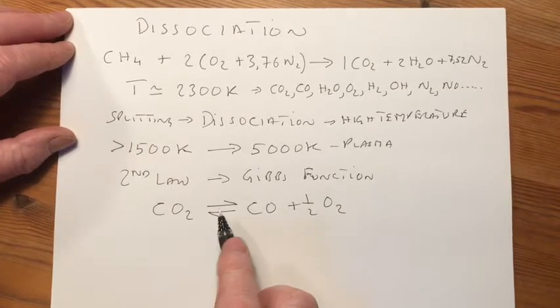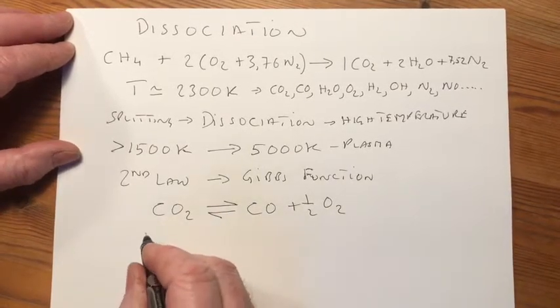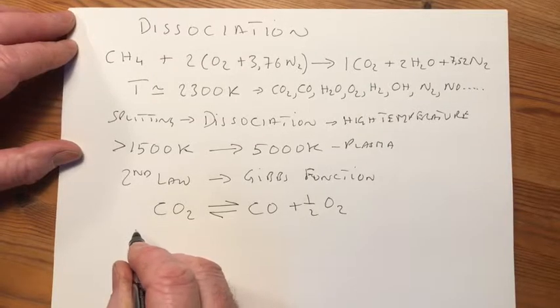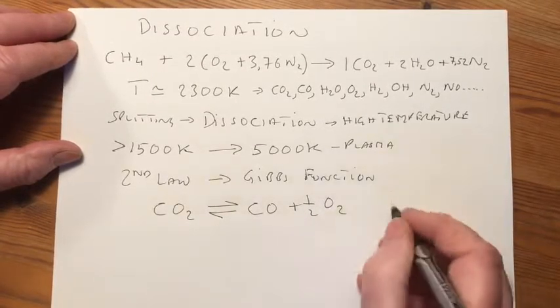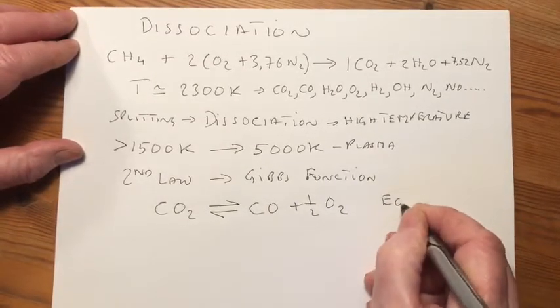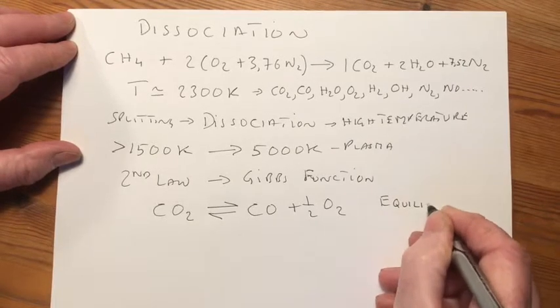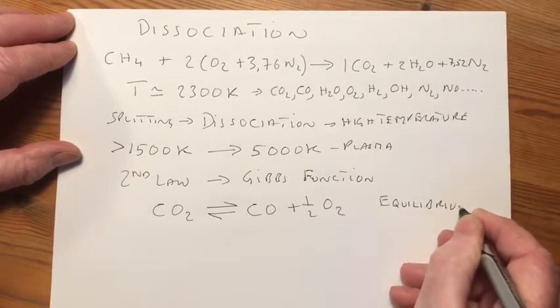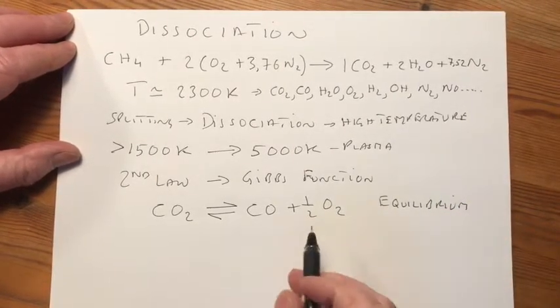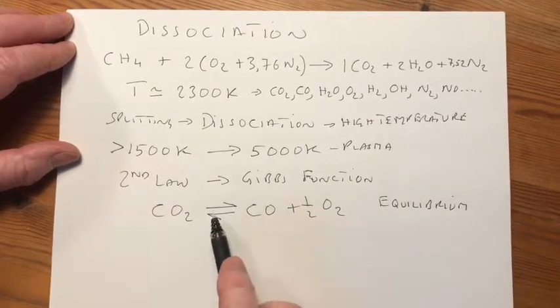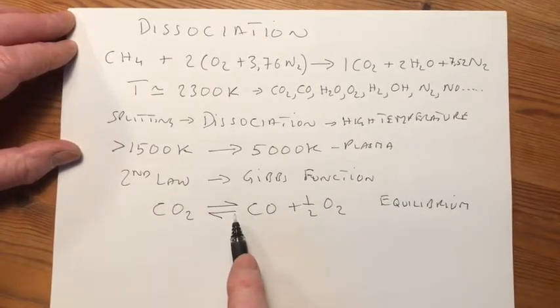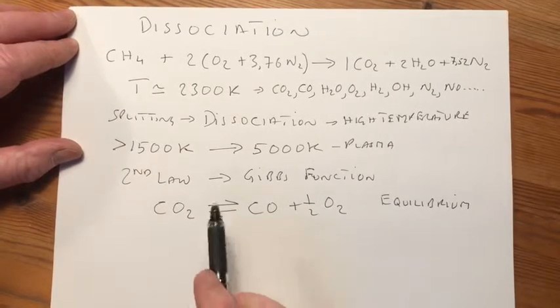And what we're going to look at is occurring under equilibrium. And equilibrium simply means that the rate of reaction going forward is the same as the rate of reaction going backwards.